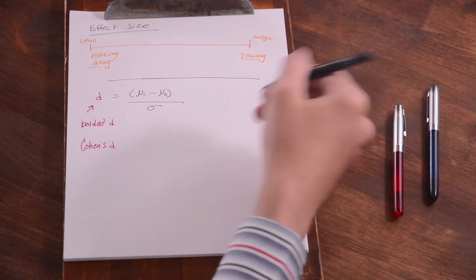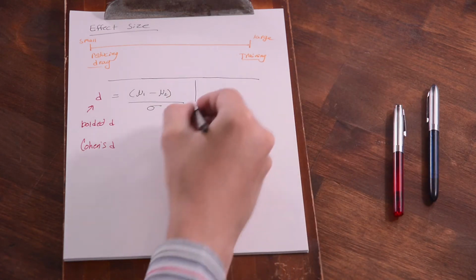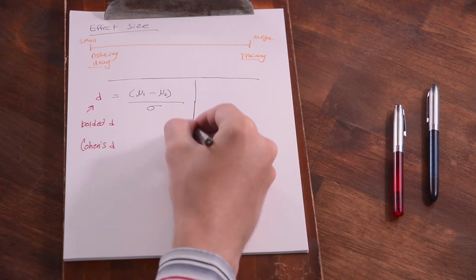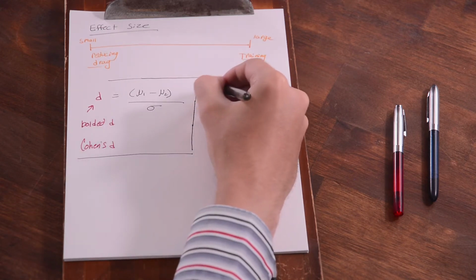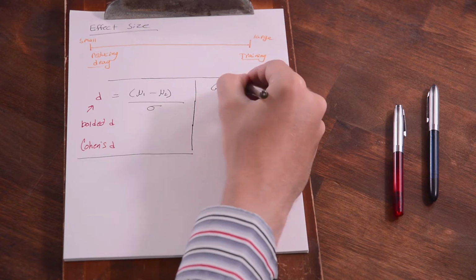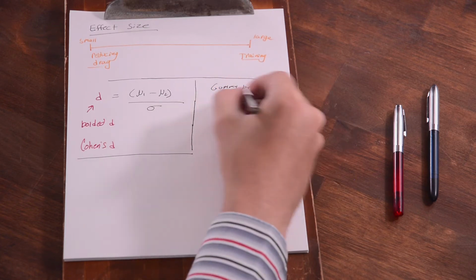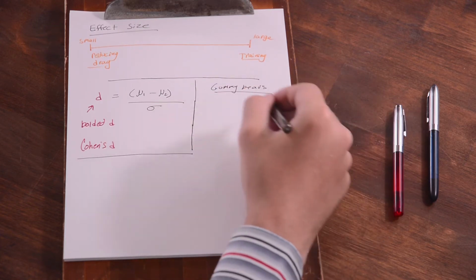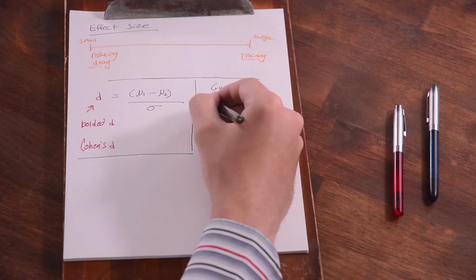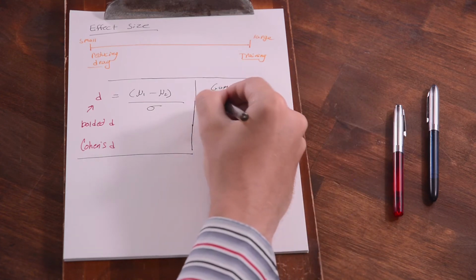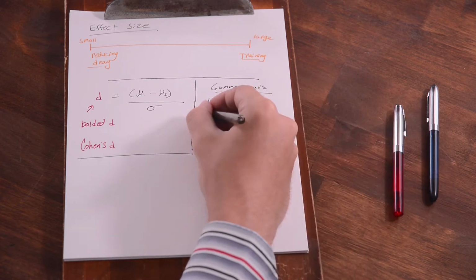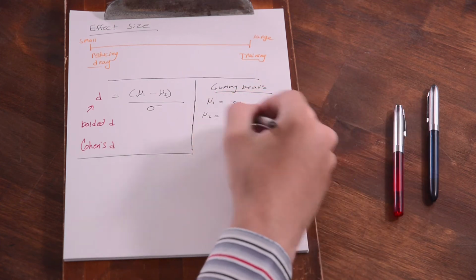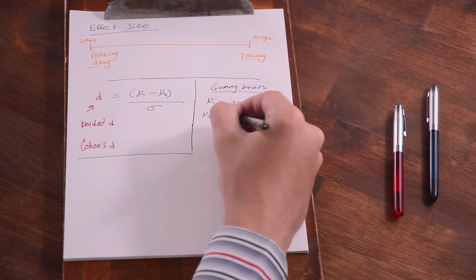Now, let's say that we are looking at gummy bears. And in this study, the population 1, so mu1 is equal to, let's say 37 in a day, whereas mu2 is equal to 83 in a day.